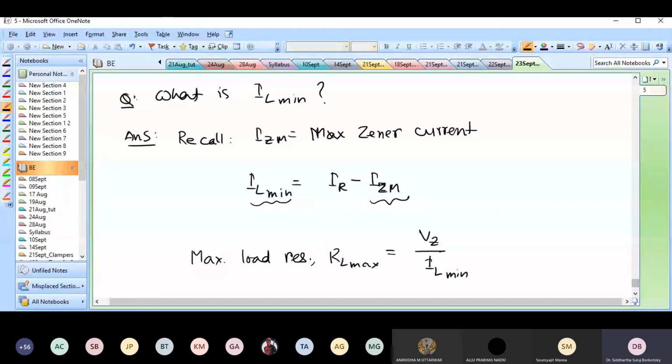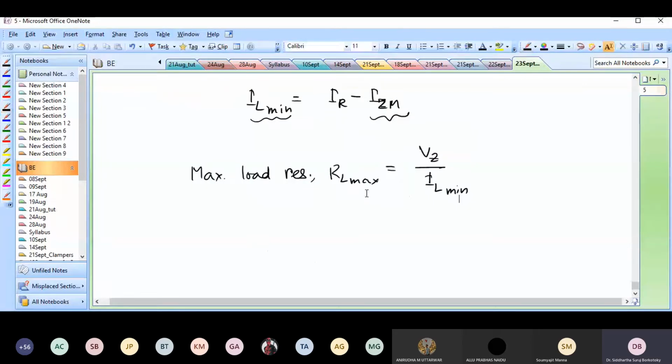So what we have discussed are the maximum and minimum values of the load resistor that you would use in designing a Zener voltage regulator.